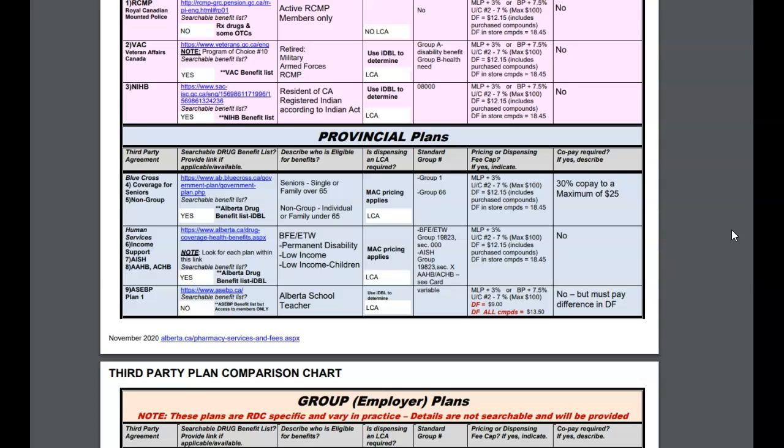If it's in excess of $25, then it defaults back down to $25, and that's the maximum that those particular clients would have to pay. So when you look at this chart, when it's complete, there's a lot of information in there, but just recognizing the consistencies or similar things between particular plans is going to serve you very well.